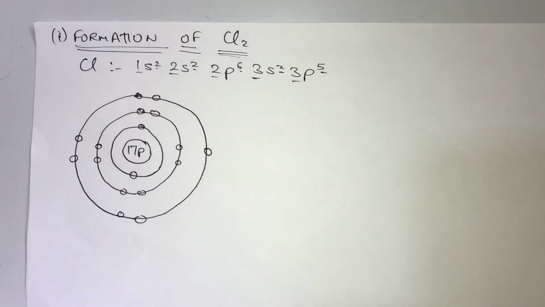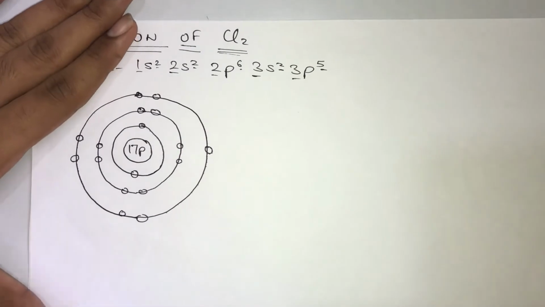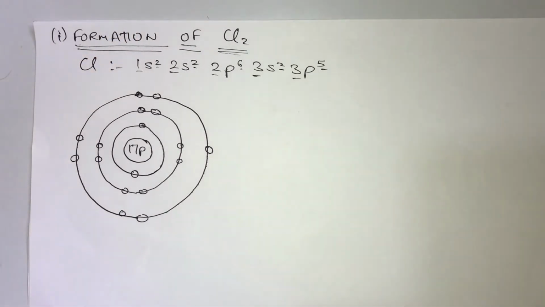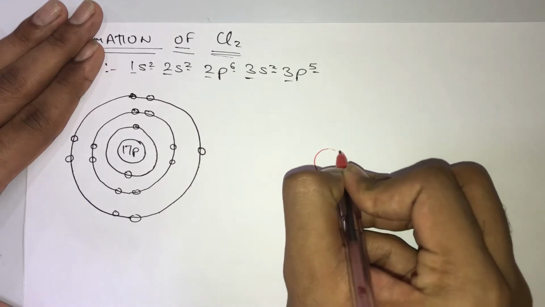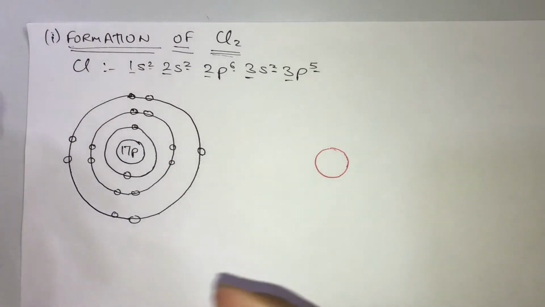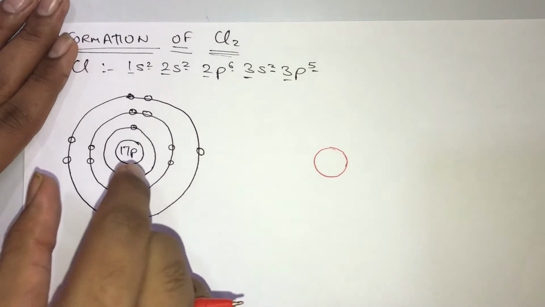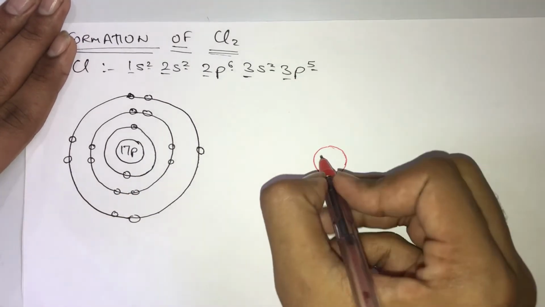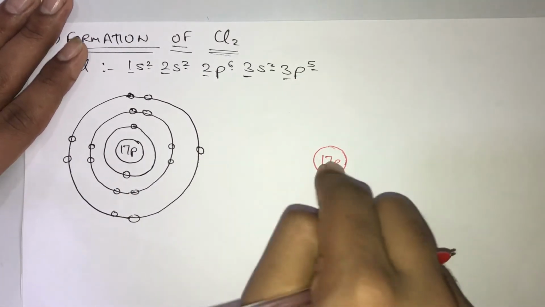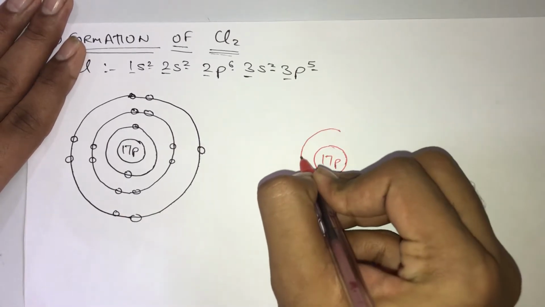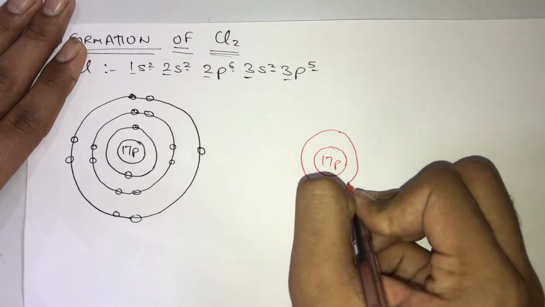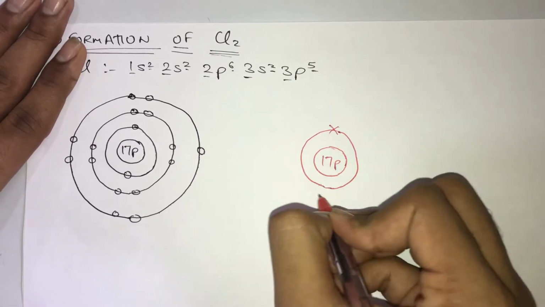So what I am going to do is draw another chlorine atom in a different color, so that it is easier for you all to distinguish between them. Okay, so the structure of another chlorine atom is obviously going to be the same as this chlorine atom. So in the center there is a nucleus, and in the nucleus there are 17 protons present. Now in the first energy level, obviously again there will be 2 electrons present.